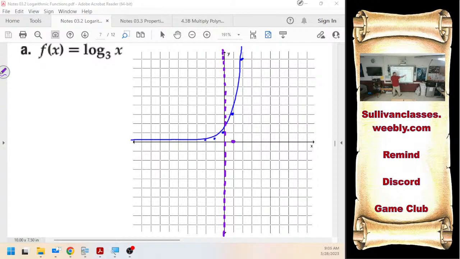If there was a point 1, 3, now there's a point 3, 1. 2, 9 becomes 9, 2. Negative 1, 1/3 becomes 1/3, negative 1. Negative 2, 1/9 becomes 1/9, negative 2. You see that it's the exact same thing, the exact same numbers. They're all just tossed on their side.